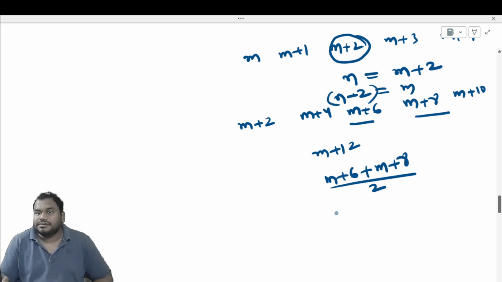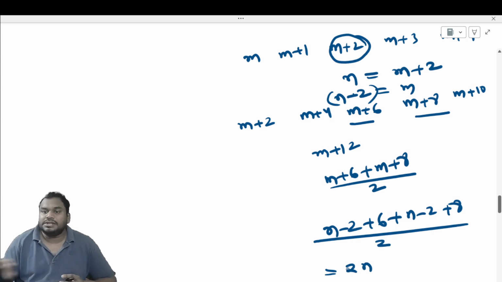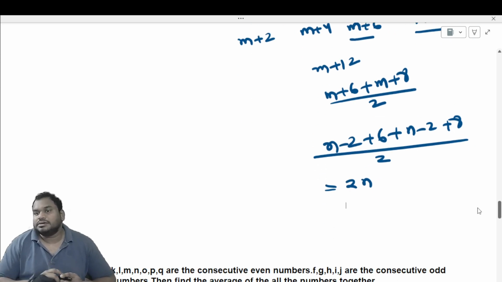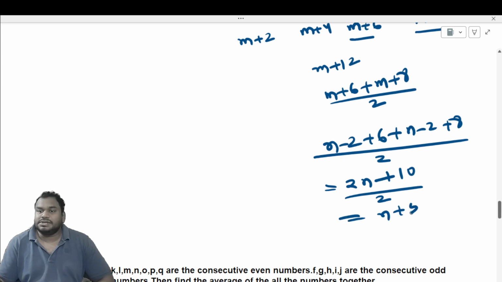So substitute m with n minus 2. So n minus 2 plus 4 plus n minus 2 plus 5 divided by 2. So it would be 2n plus 5 divided by 2, which is n plus 2.5.